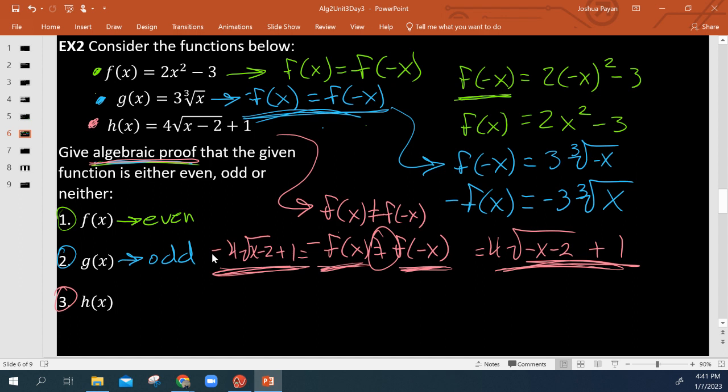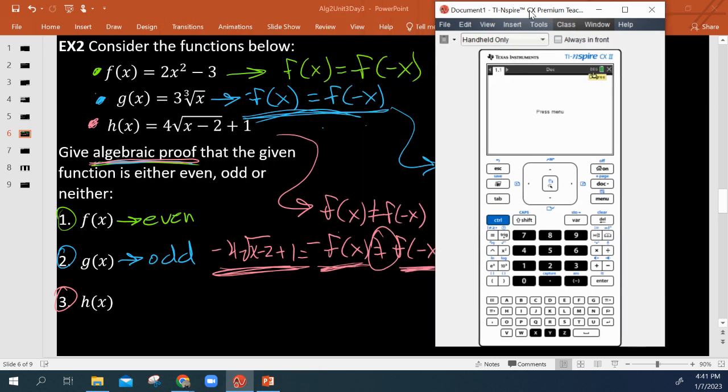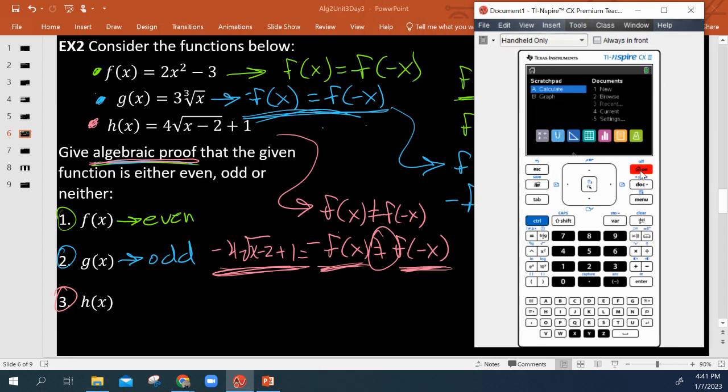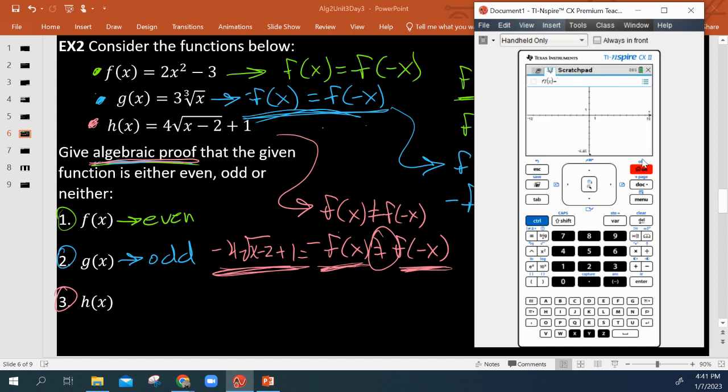Okay, and if you're ever not sure, you can use your calculator and just try some arbitrary calculations, or even faster, I can just go and graph these. So negative 4 times the square root of x minus 2, and then all of that plus 1.